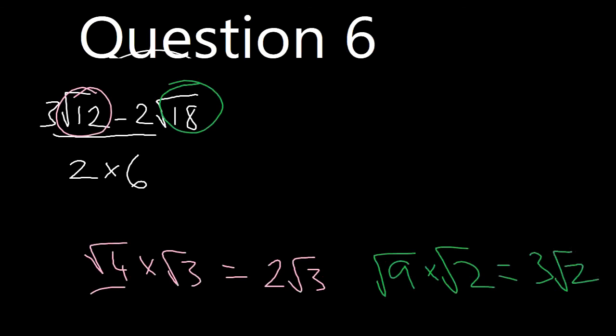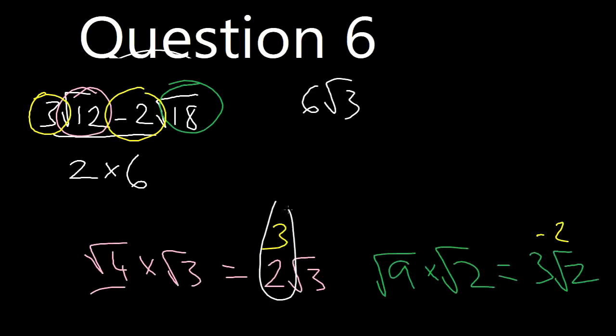So now don't forget that we need to times by our coefficients in front. So we're going to times this over here by minus 2 and times this one over here by 3. So our new and improved numerator is going to be 6 root 3 because 3 times 2 is 6. Okay, and then over here we have minus 2 times 3, which is going to give me minus 6 root 2.